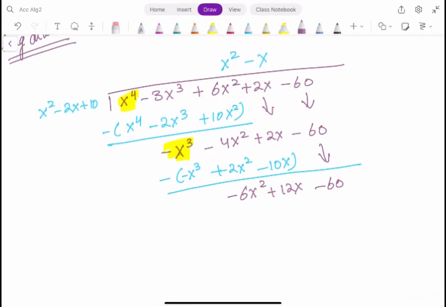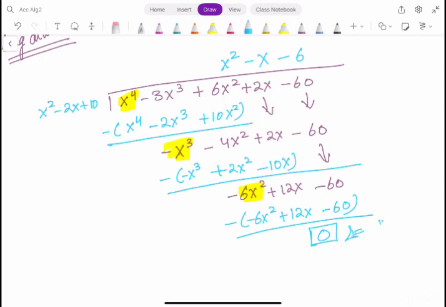Now the goal is to get rid of negative 6x squared. And in this process, let's see if we are able to get rid of the whole entire expression. So if I multiply by negative 6, oh wow, we are able to get rid of everything. So the remainder seems to be just a 0, right?